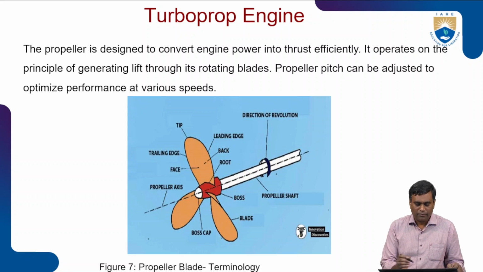You can have a look at the different components of the propeller. This is the blade, this is called the tip, this is the root, this is the leading edge, and this is the trailing edge of the aerofoil section. And this is the root or hub, and this is the shaft, right?